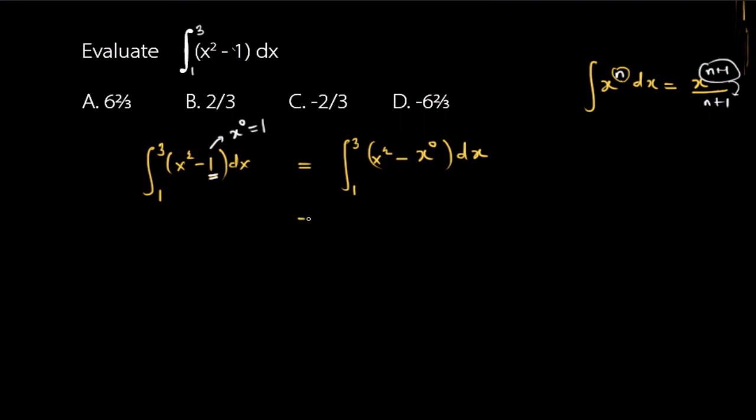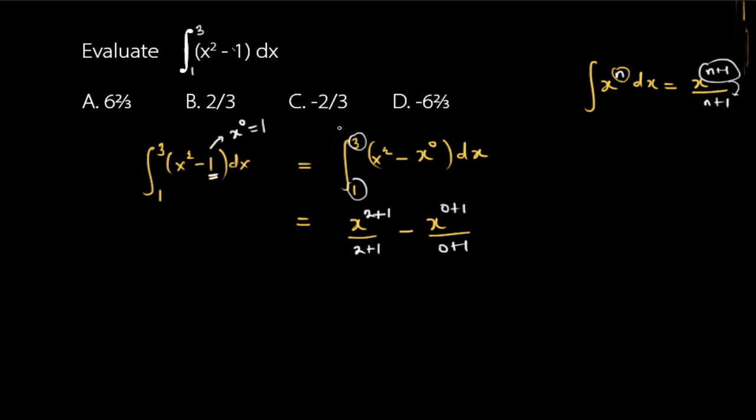Let's leave the limits 3 and 1 for now. To integrate x to the power 2, based on the formula, it's x to the power 2 plus 1 divided by 2 plus 1. Similarly for the next one, it's x to the power 0 plus 1 divided by 0 plus 1.